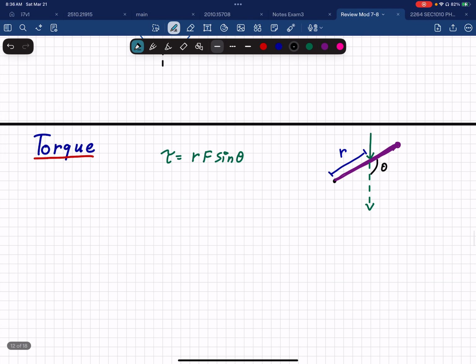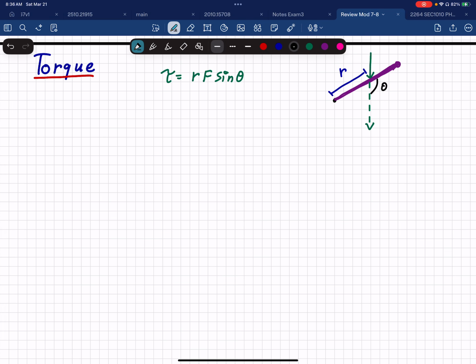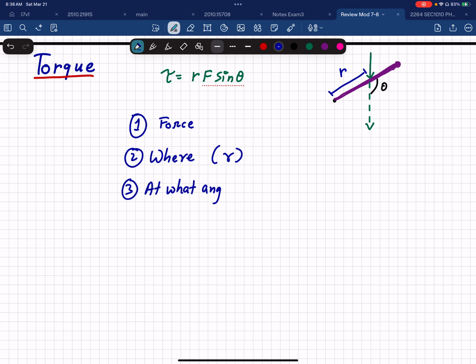We understood what the torque is. The torque has three main points. The first is the force which has been acted upon it. Second, where it is acted upon, which is basically the R. And third, at what angle, which is the theta. These are the three things which determine what torque is.